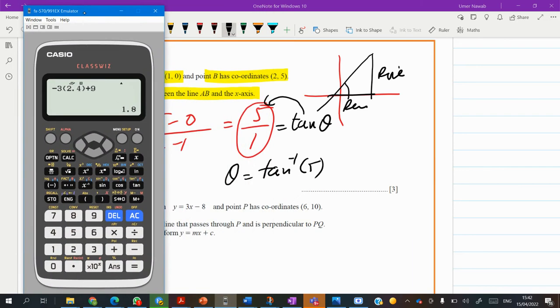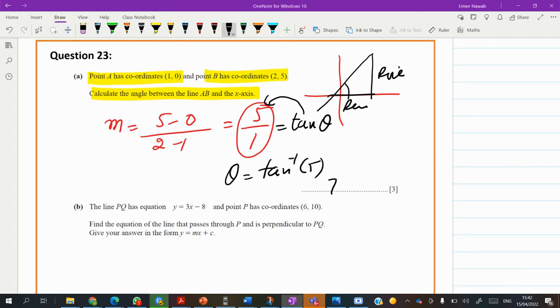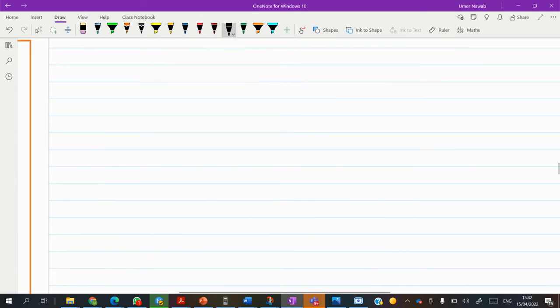It's a new thing. I know it's a new thing. Shift tan of 5. It gives you, oh, my calculator is in radian mode. I need to convert it into degree mode. Here you go. I got 78.7. Let me explain to you guys.